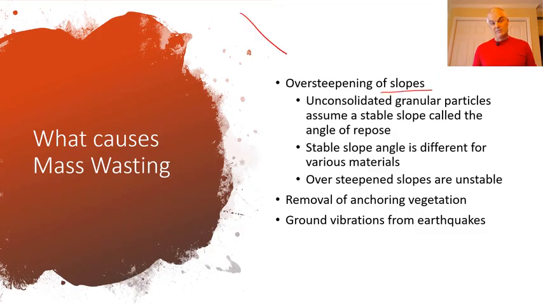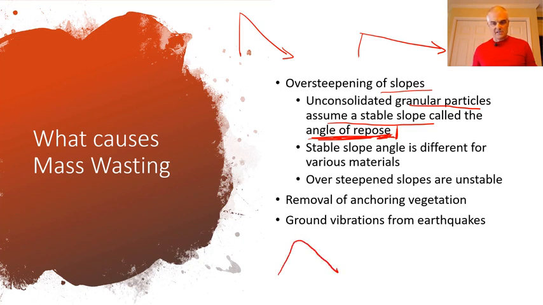Other causes of it is the over-steepening of the slopes. If the slope is too steep, a steep slope versus a shallow slope, then of course it's more likely to have a problem, right? And if you've got these granular particles, again, small particles, this reaches something called the angle of repose. This is a really cool thing. The angle of repose is the angle at which a given body of stuff will hold together.